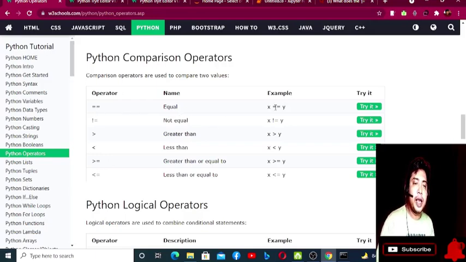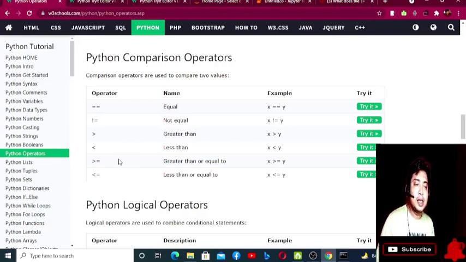Say for example, x is equal to y. It means if the value of x is 5, then the value of y will also be 5. And this is not equal. Say for example, x is 3 and y is 5. In that case, when we make an output, the result will be x is not equal to y.